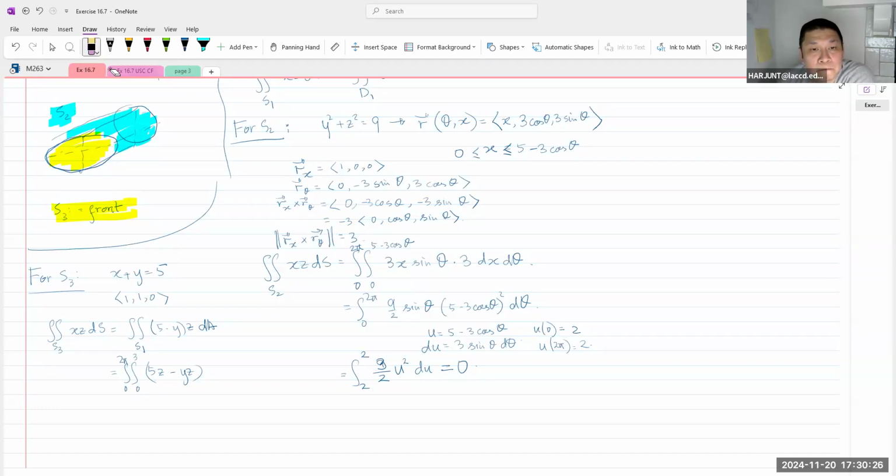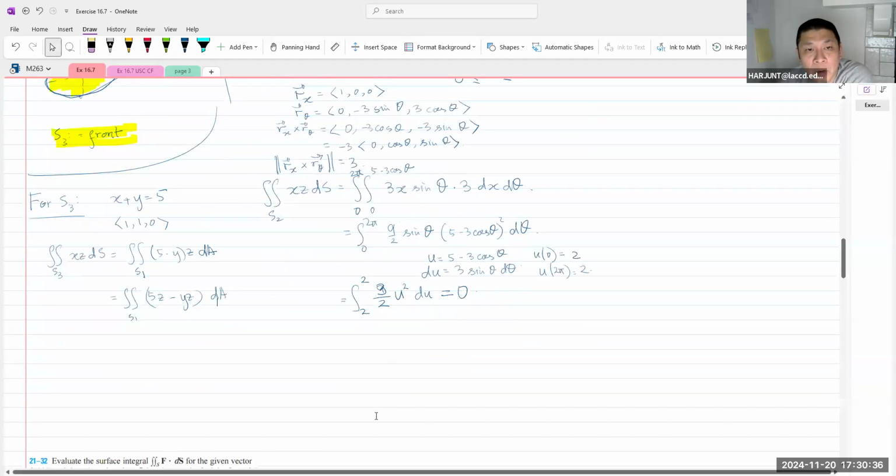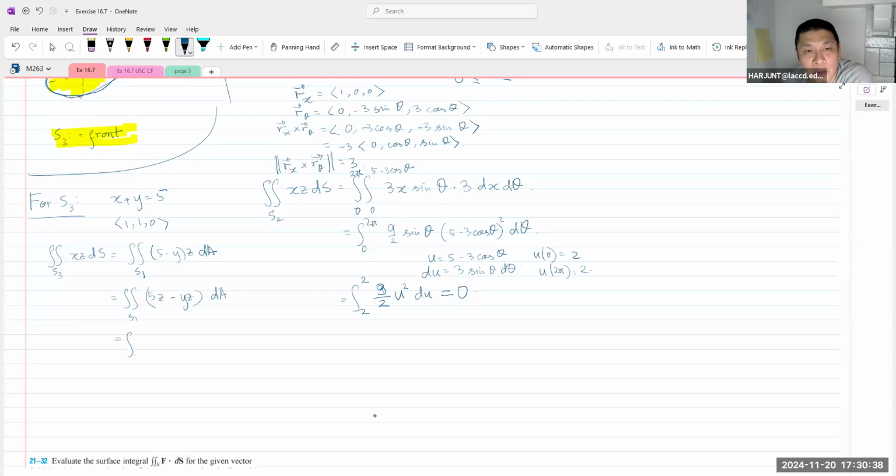Let me call this S1 first, dA. If I make it polar, that will be the integral from 0 to 2 pi, integral from 0 to 3, of (5 times r sine theta minus cosine theta sine theta) r dr d theta.